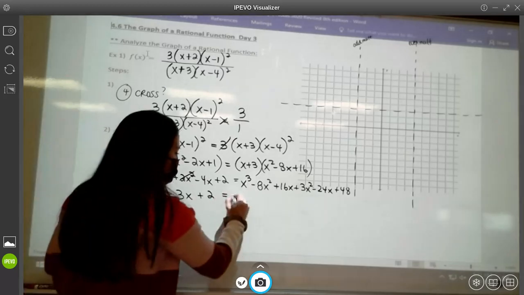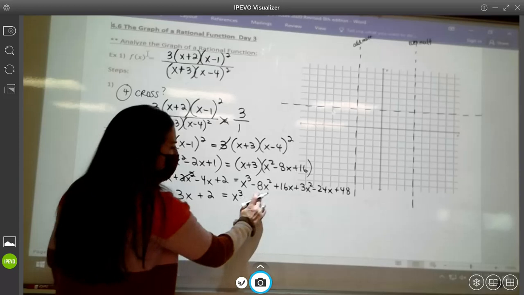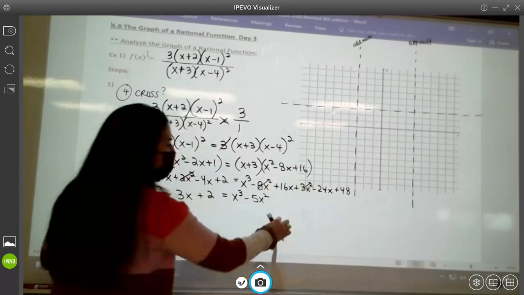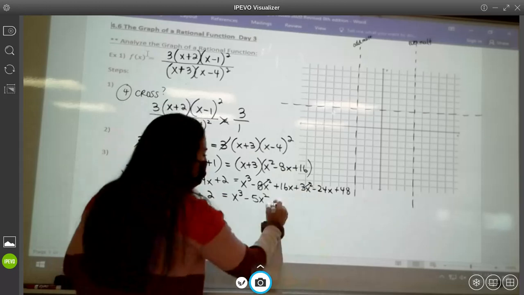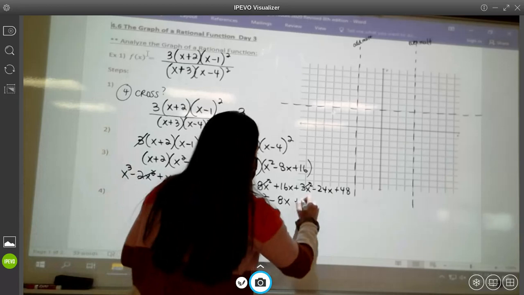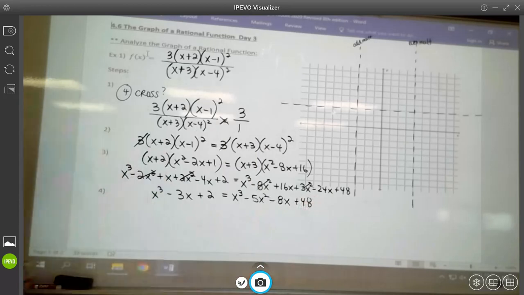So my x to the third will come down. Negative 8 and positive 3 get me negative 5x squared. So now 16x and negative 24x are negative 8x. And then positive 48 comes down.